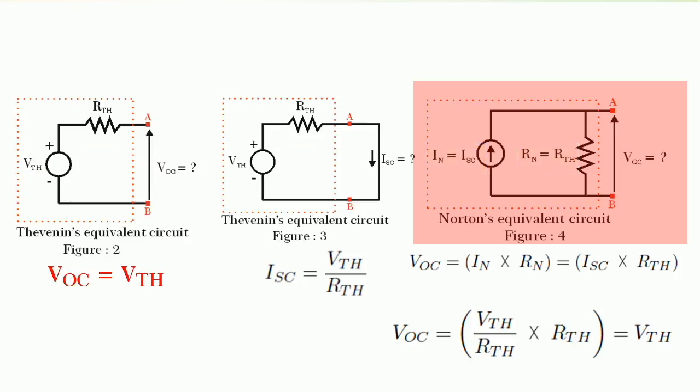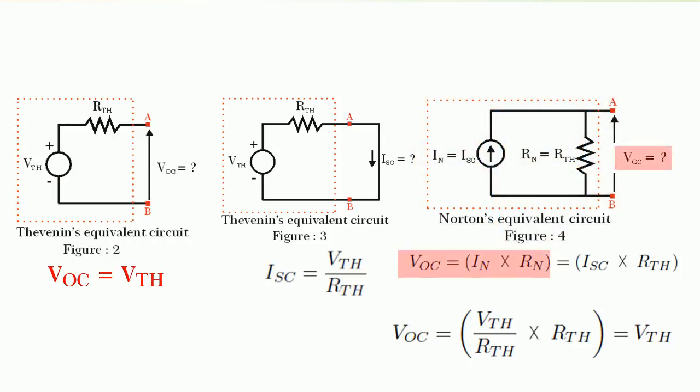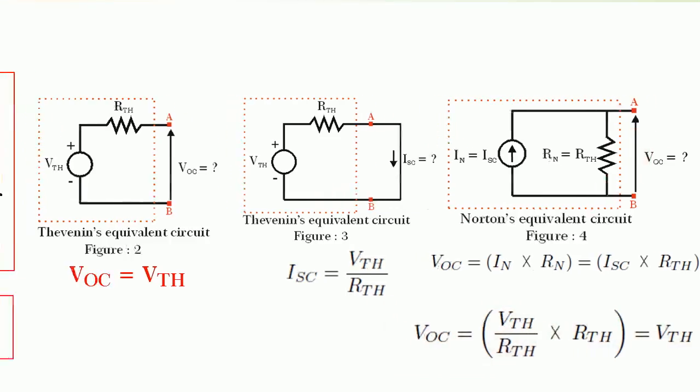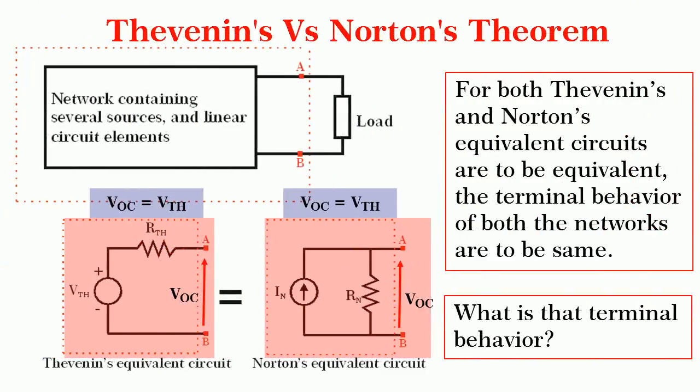If so, in the circuit shown in figure 4, you see that IN will flow through Rn and the voltage between A and B is IN into Rn, and that also is equal to ISC into R Thevenin, but ISC is equal to V Thevenin divided by R Thevenin, and hence we get voltage across AB is equal to V Thevenin. It means in both the Thevenin's and Norton's equivalent circuit, the terminal voltage VAB is V Thevenin, and hence both the equivalent circuits are equivalent to each other.